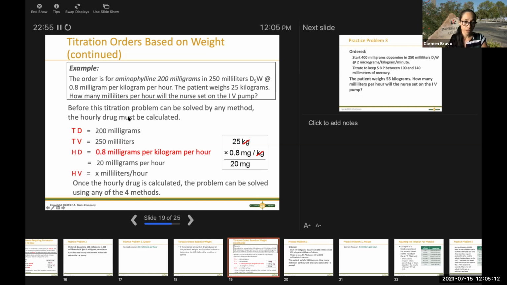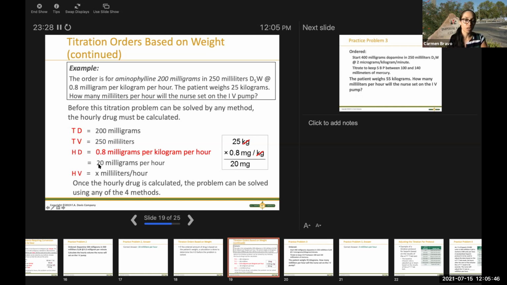So before we even do the problem, let's get an idea. The total drug we have is 200 milligrams. The total volume is 250 mLs. The hourly drug they want us to give is 0.8 milligrams per kilogram per hour, which, if you multiply by the kilos, because the patient only weighs 25 kilos, 25 times 0.8 is 20 milligrams.